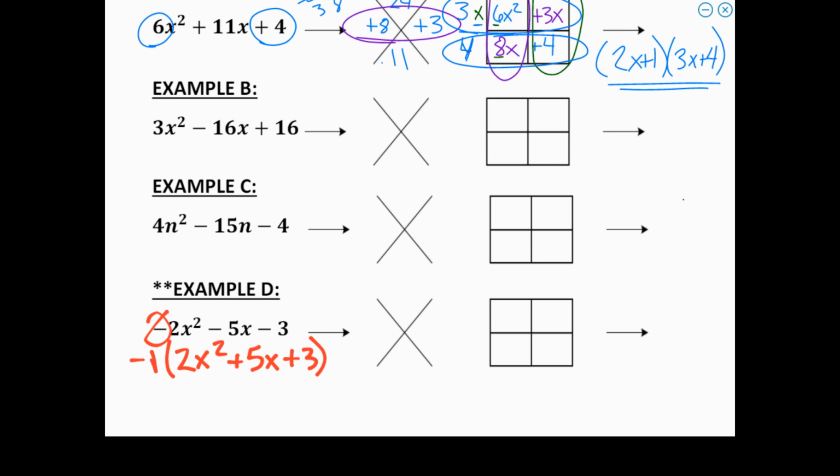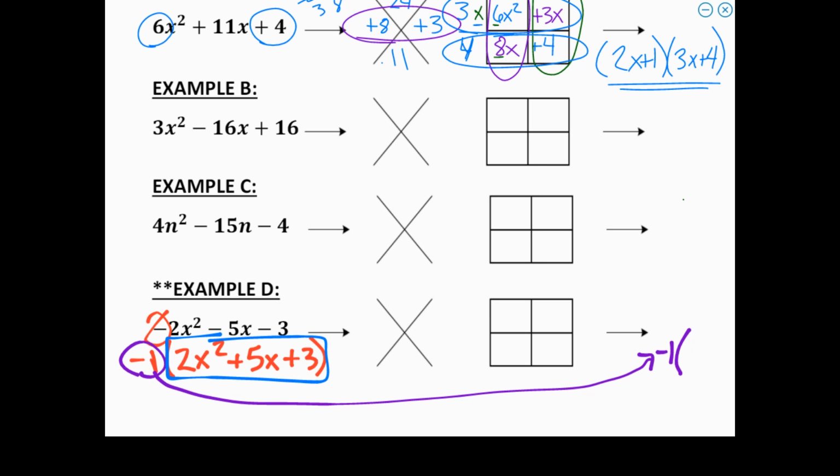Now this -1 is going to get to jump the line and get all the way put over here because it's still part of my factorization. It's just outside of everything that I need for my X box method. Okay, and all of this right here is what I'm going to use for this. I'm now going to ignore my original until I get ready to check my work.